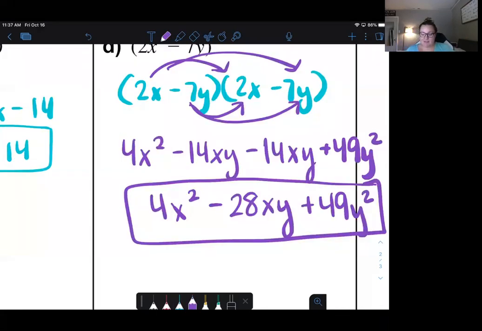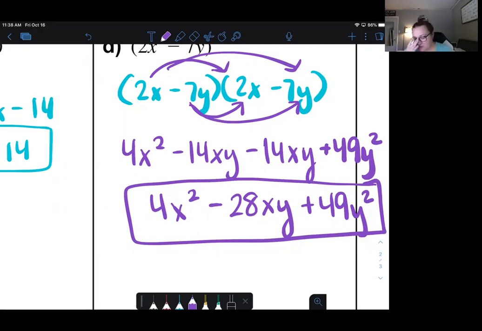So hopefully the 7y times the 2x didn't throw you off too much. When you multiply an x times y, you get xy. So what you should have gotten is 4x squared minus 14xy minus 14xy plus 49y squared.